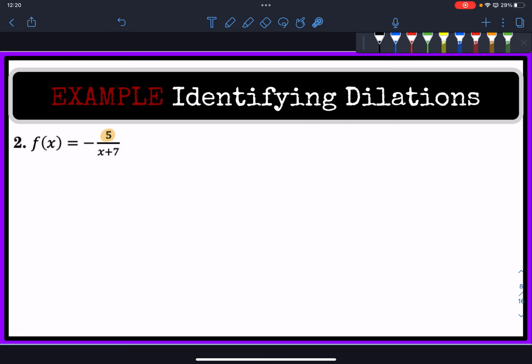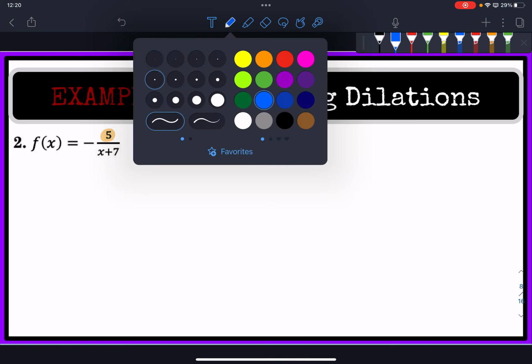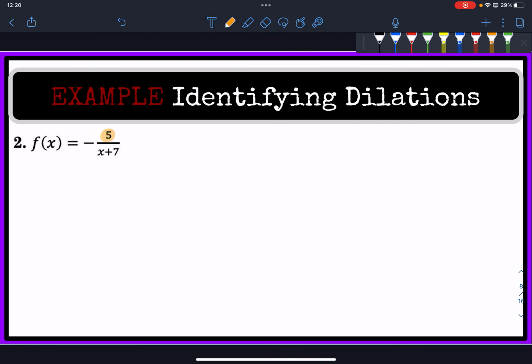And since 5 is greater than 1, this is going to result in a function that is going to be vertically stretched by a factor of 5. So this 5, again, is going to be a vertical stretch by a scale factor of 5.